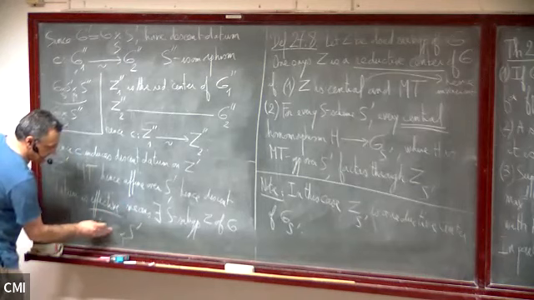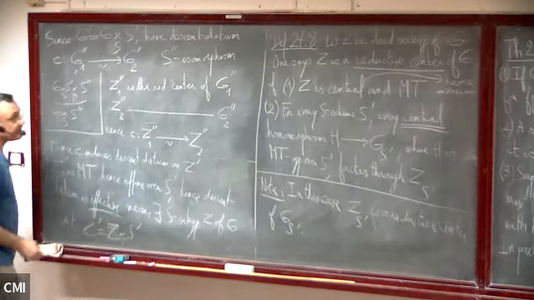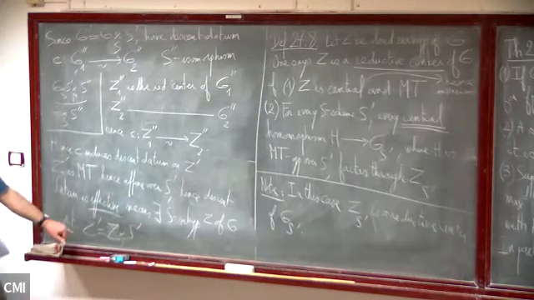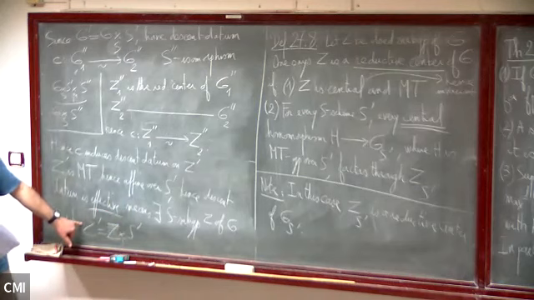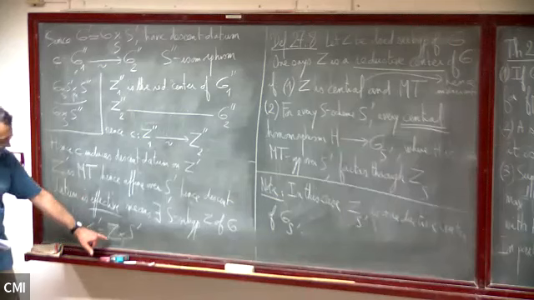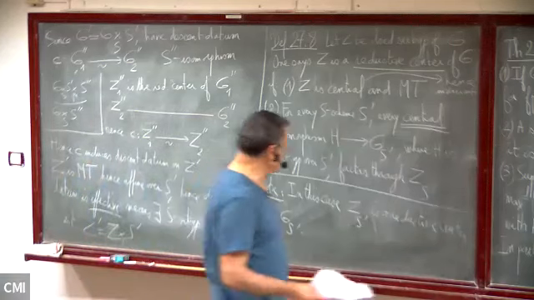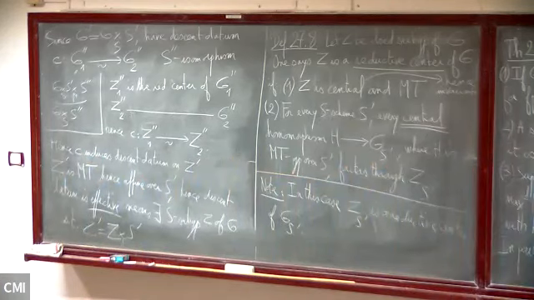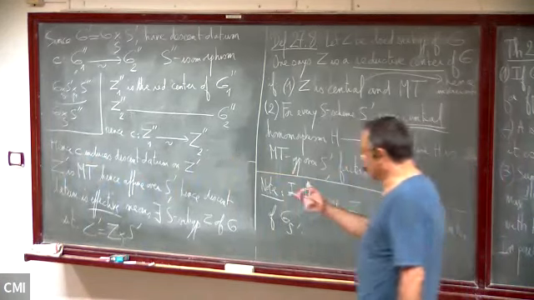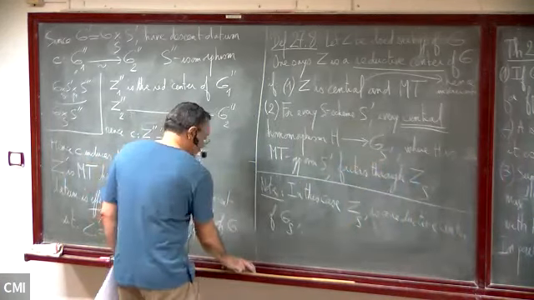Okay, so the reductive center assumed to exist over S prime descends to a subgroup scheme of S, and it only remains to prove that Z is a reductive center.